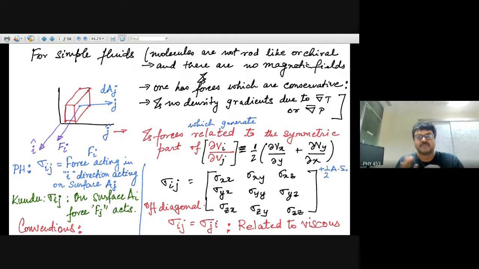This will generally hold true, and that will come from the fact that viscous forces only deform and do not lead to solid body rotation of a fluid element. So this condition will come from that, as we will see soon.